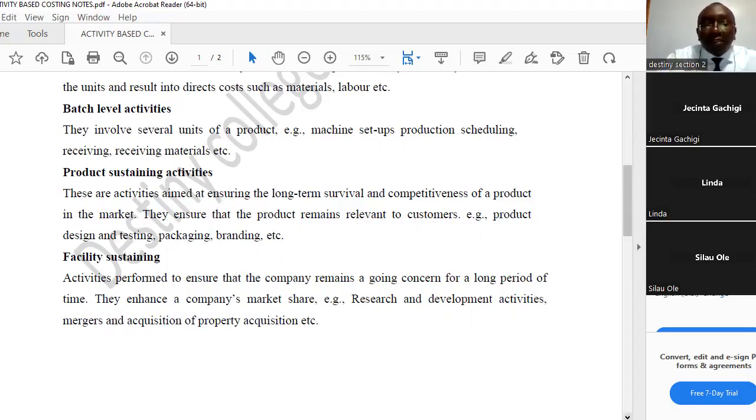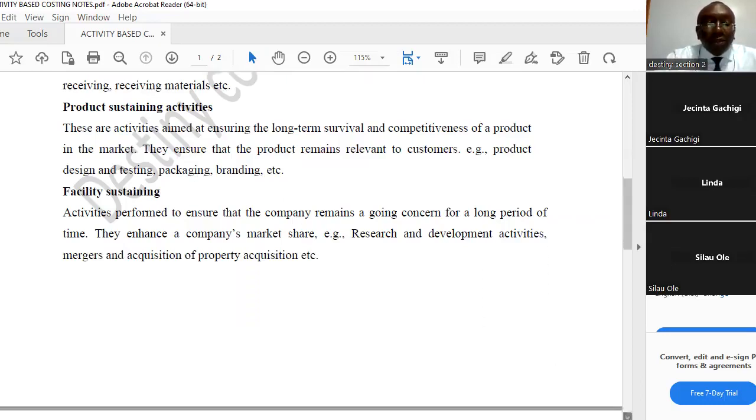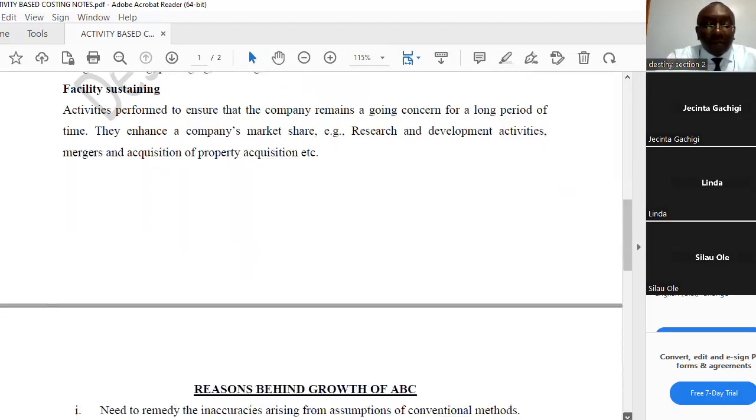When they will be asking for someone who can be promoted, you will be there to be considered because you have upgraded your studies. The other thing is about property acquisition. When you find that a company is acquiring properties, that means that the company is going to remain. So that is about facility sustaining.